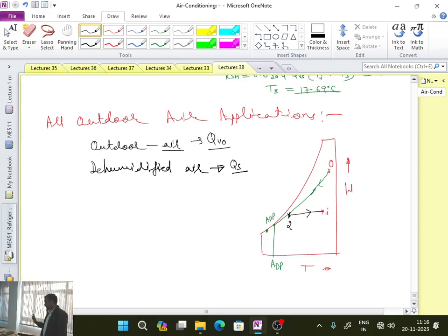Is this one clear? Now we have three possibilities. First possibility is QV0 is equal to QS.